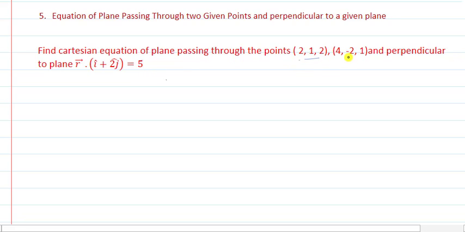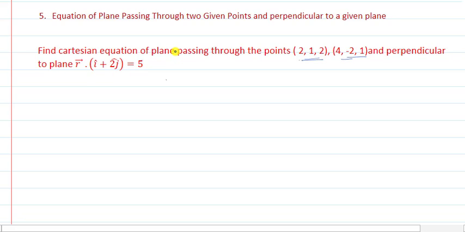The first point is to be used in place of x1, y1, z1 to get equation number 1 in terms of ABC and xyz. The second point is to be used in place of xyz to get the second equation in terms of ABC. Now to explain this line, that a perpendicular plane is given to the required plane.